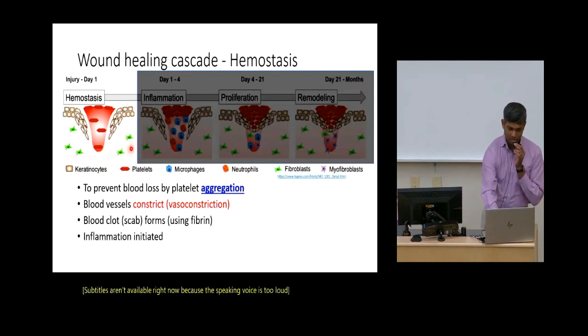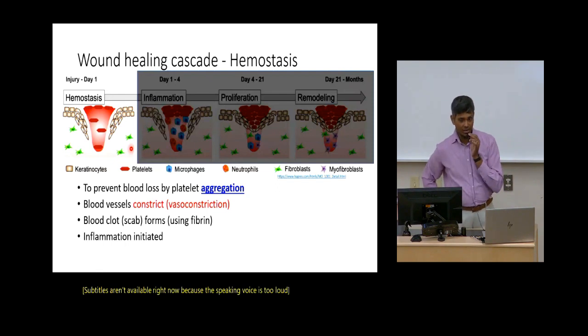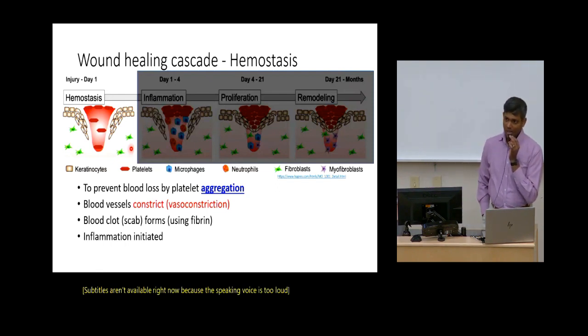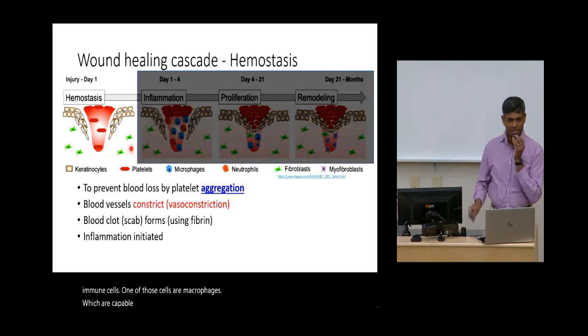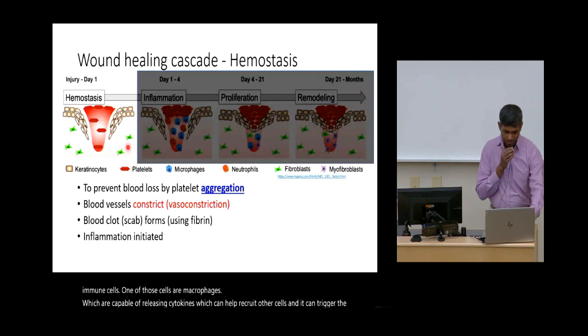And eventually there is also inflammation initiated, right? And I told you that this areolar connective tissue has a number of immune cells. One of those cells are macrophages, which are capable of releasing cytokines, which can help recruit other cells and trigger the inflammatory response.